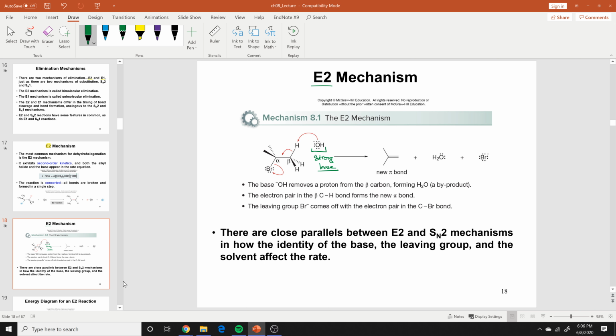Everything happens in one step. This is why we call it a concerted reaction. The breaking of the sigma bonds and the formation of the pi bond happen simultaneously, together with the base taking the beta hydrogen to get the alkene.